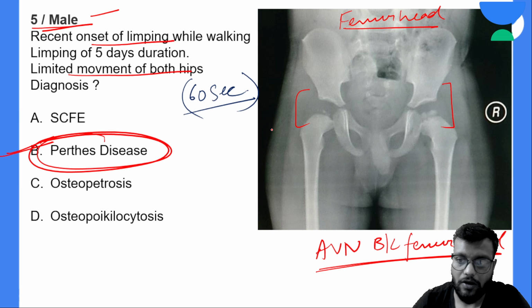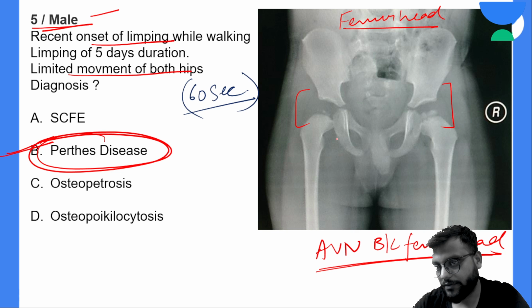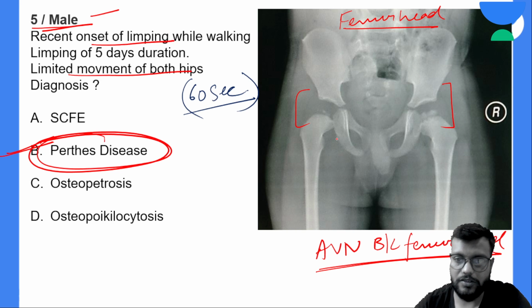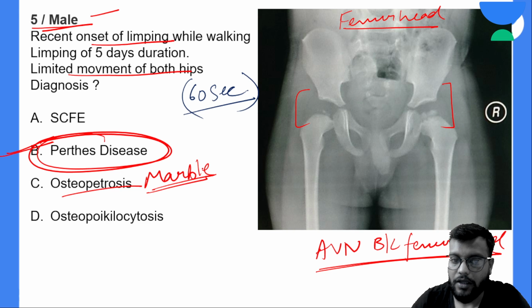Okay, here you can see. And after some time, when the blood supply is normal, the AVN will improve, and normal bone growth can occur. Okay, so this is your Perthes disease. What will happen in slipped capital femoral epiphysis, we have already seen. In osteopetrosis there is marble bone disease where there will be sclerosis and increased whitish hue of the entire bones.